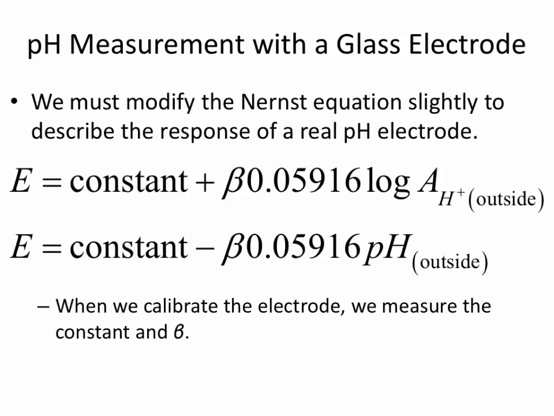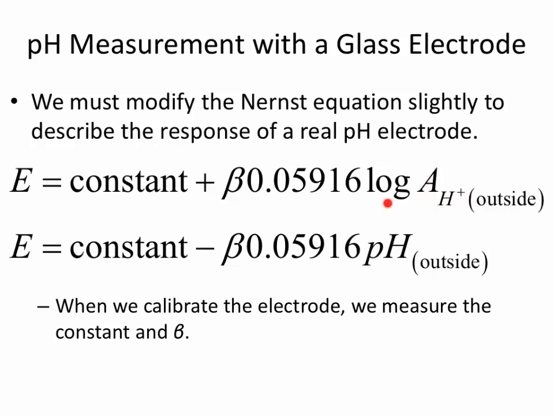Now we must modify the Nernst equation slightly to describe the response of a real pH electrode. That is, we have our cell potential is equal to some constant plus beta times 0.05916 times log of the activity of the hydrogen ion.